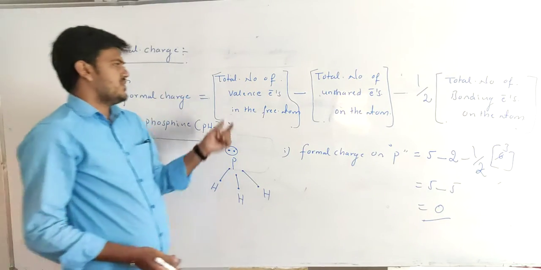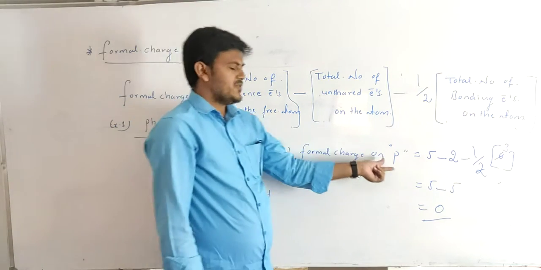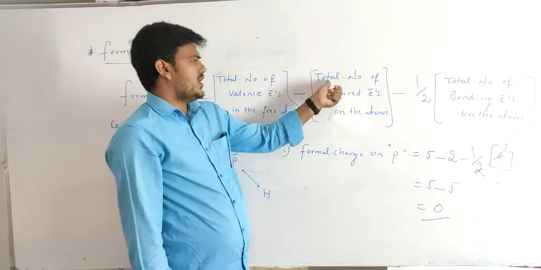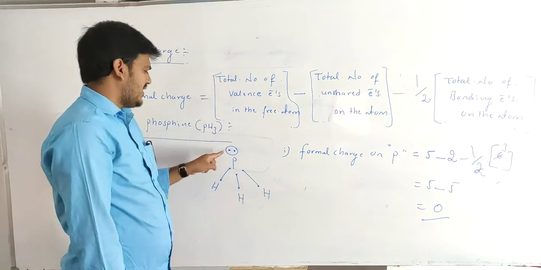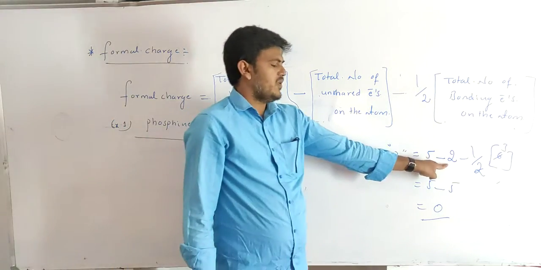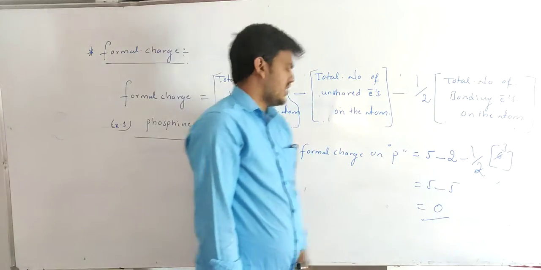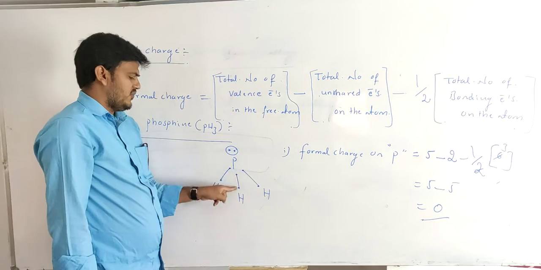Okay. So first of all, the principle: total number of valence electrons in the free atom. Phosphorus is a fifth group element, so valence electrons are 5. Second, total number of unshared electrons on the atom. Unshared means non-bonding electrons, so non-bonding electrons are 2. Minus half into the total number of bonding electrons on the atom. Total 3 bond pairs, so 1, 2, 3, 4, 5, 6.